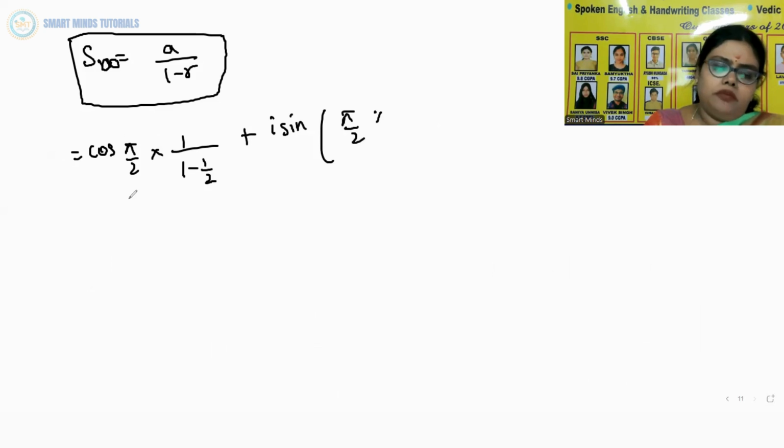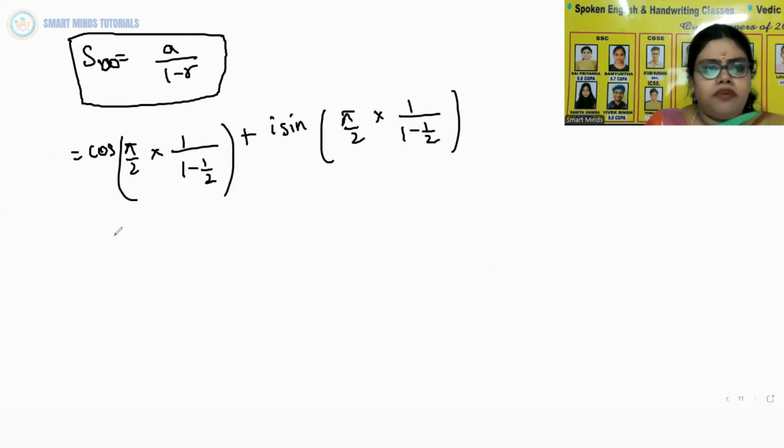In GP, what is the sum? Sum to infinite terms, S infinity, is a by 1 minus r. So that is cos(π/2) into 1/(1 − 1/2) + i sin(π/2) into 1/(1 − 1/2).